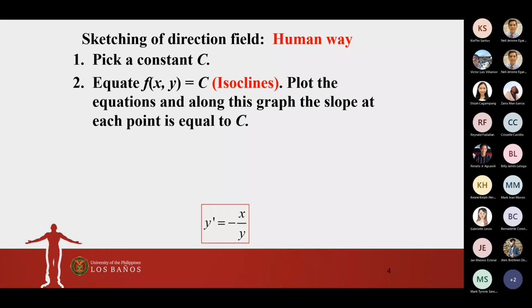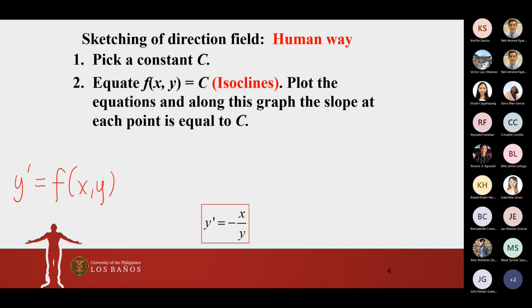But first, before that, gusto pala muna nating isulat yung ating equation in terms of an explicit representation. So gusto ko naka-explicit form muna yung ating ODE. So dapat siya ay itsurang y prime equals an operator x comma y. All right? And this analysis only works for first-order differential equations.